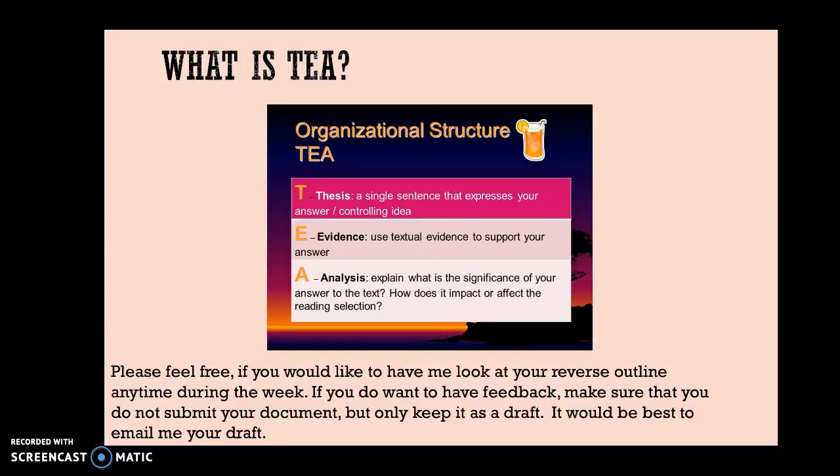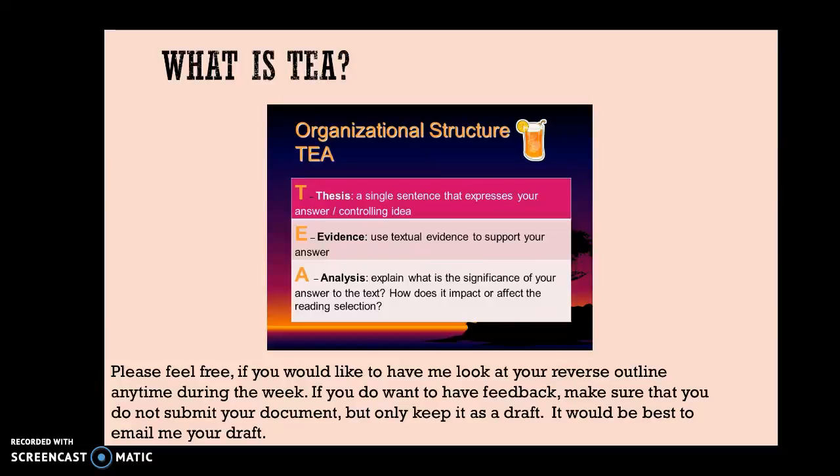So where from the text can you find evidence that supports your thesis statement? Analysis explains what is the significance of your answer to the text. How does it impact or affect the reading selection? Or what is your rationale for having this stance or using this piece of evidence?